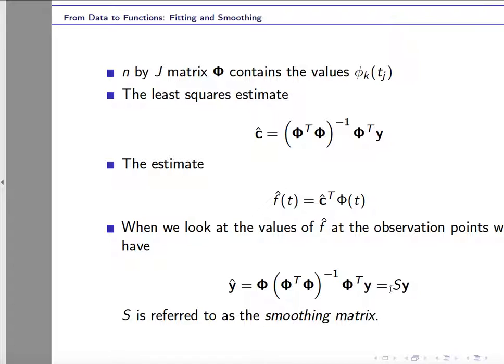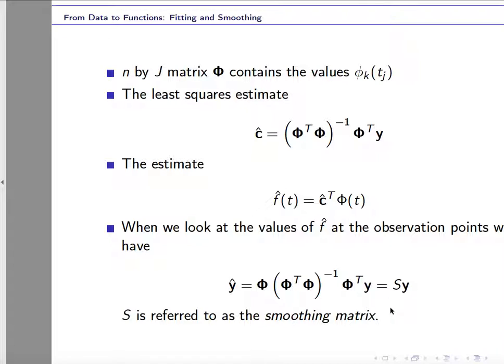The reason we call S the smoothing matrix is that y is the original observed noisy data, and S times y transforms the original data into the fitted smooth data y hat. Therefore, we call S the smoothing matrix.